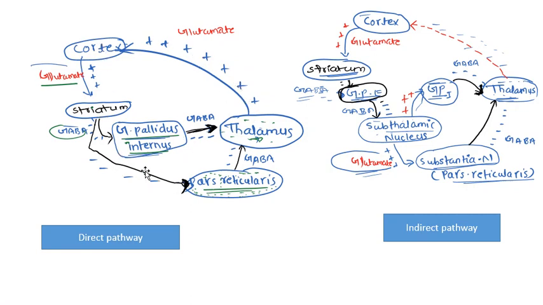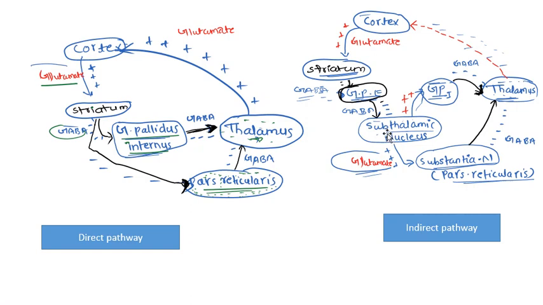This reticularis and substantia nigra is not much necessary to show if it is asked only about the direct or indirect pathway. And similarly, we have a similar diagram, just the circuit in the form of a flow chart. So striatum, globus pallidus externus, externus to the subthalamic nuclei to the globus pallidus internus. Just these two are added in this: globus pallidus externus and subthalamic nuclei.